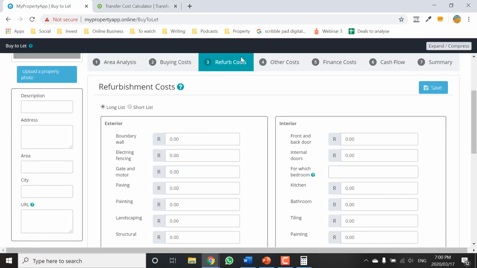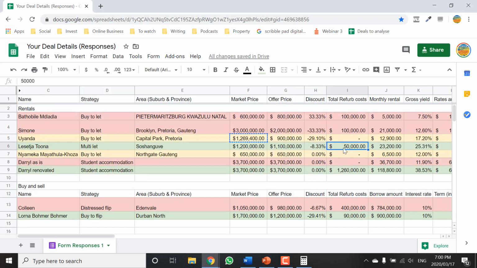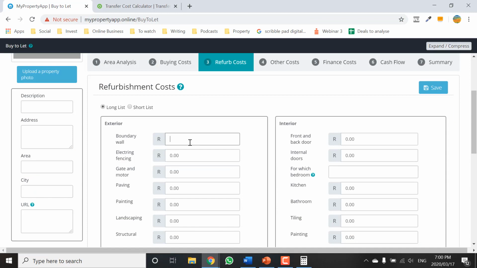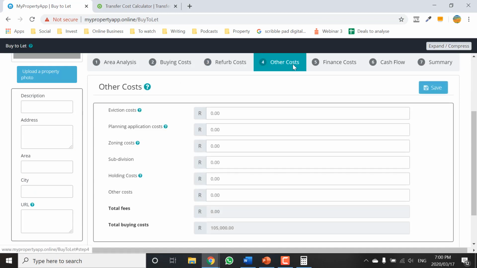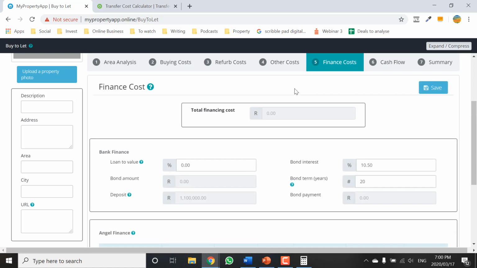Okay, and you said the refurb is about 50,000 Rand, is that correct? Yeah, I went to see the property, it just requires minor painting. Let me tell you the structure of the house. It's got 8 bedrooms, currently let to the institution, and each room is 2,900, so it's 24,000.